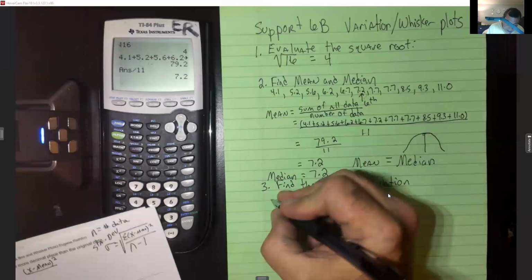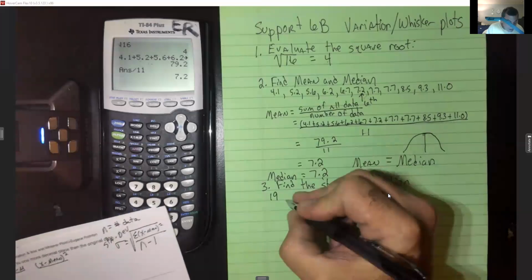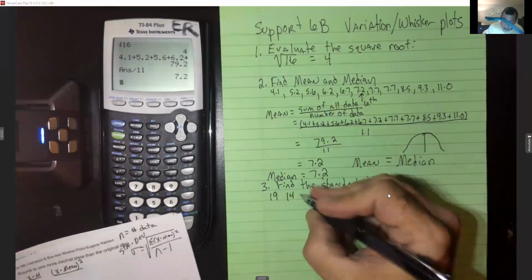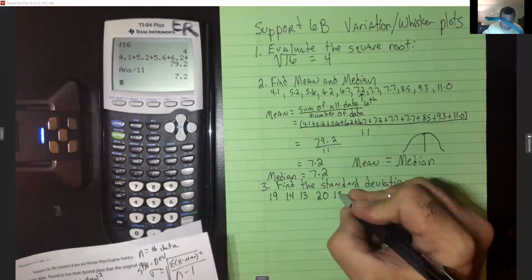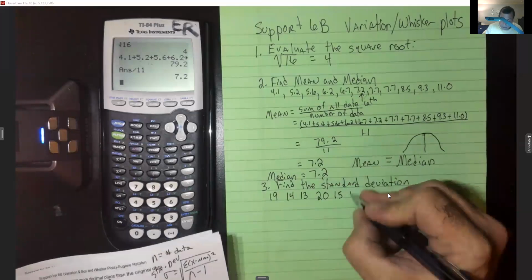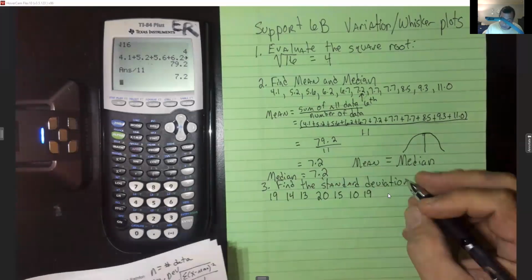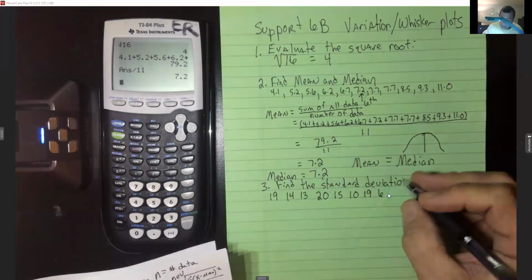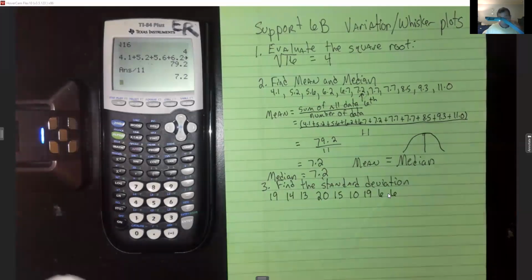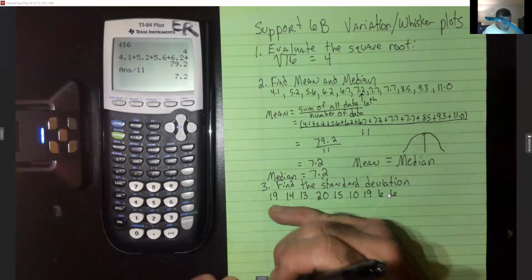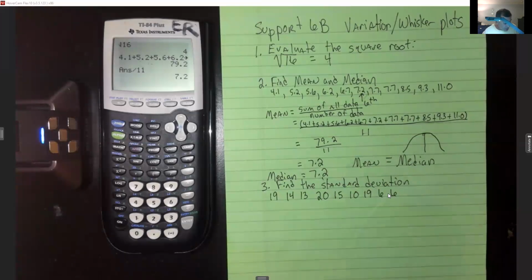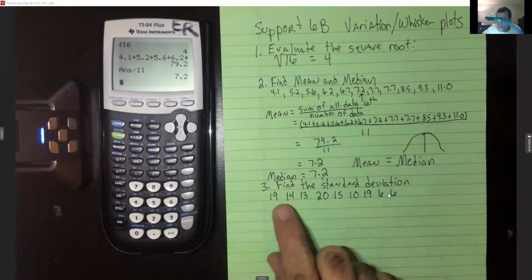So I got a 19, a 14, a 13, a 20, a 15, a 10, a 19, a 6, and a 6. So to find the standard deviation, you're going to take all these numbers, and since I don't really have to find the median on this, they just want me to find standard deviation, I don't have to worry about ordering them.